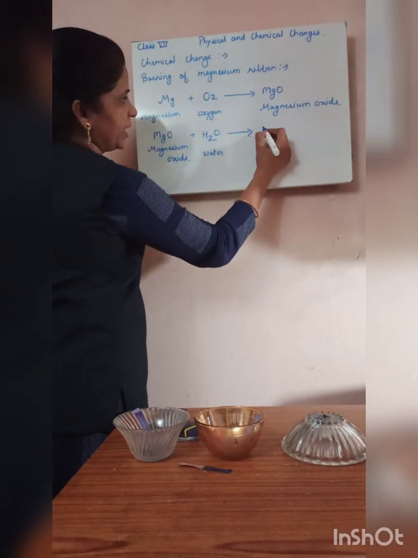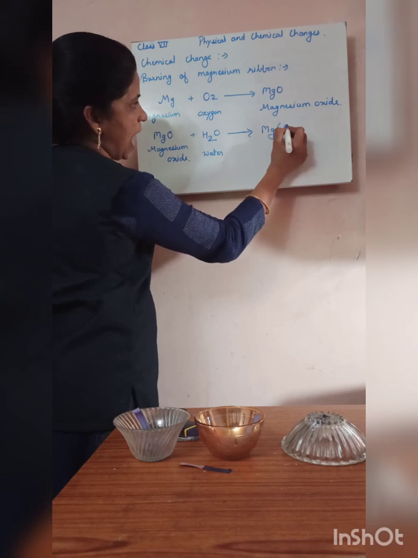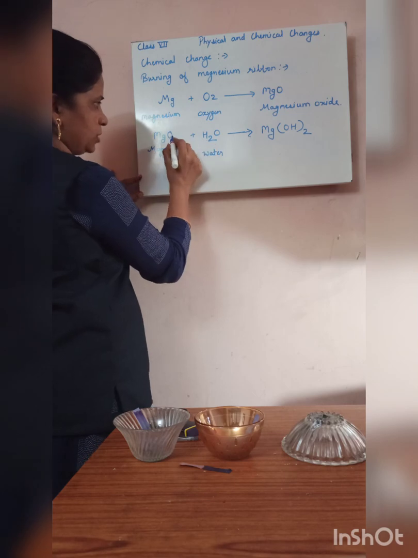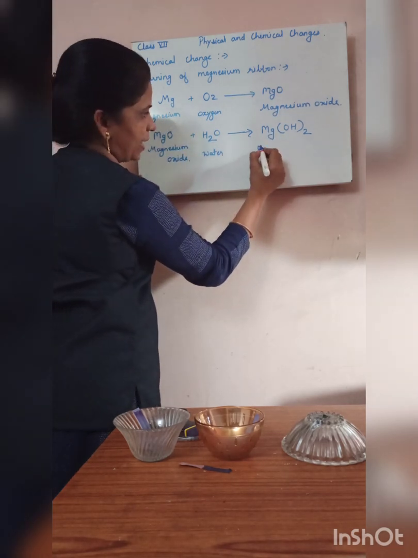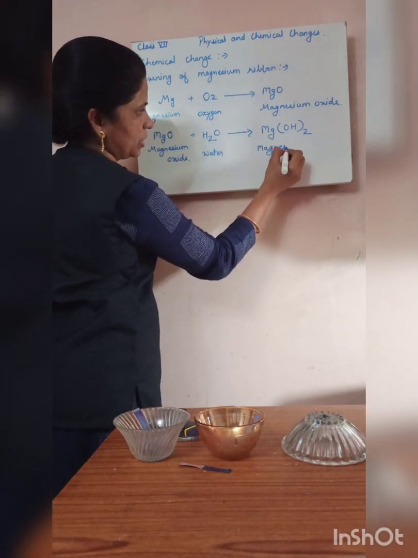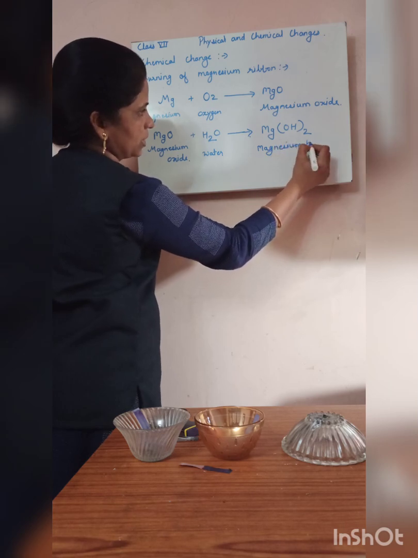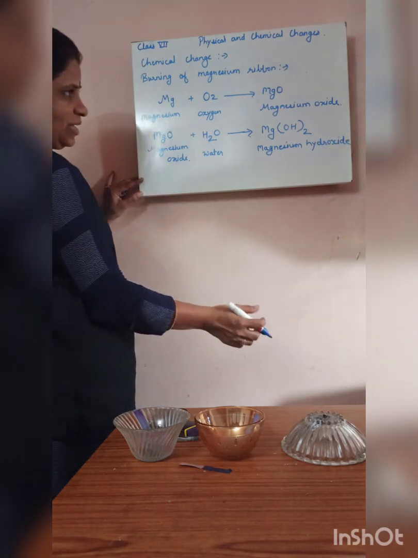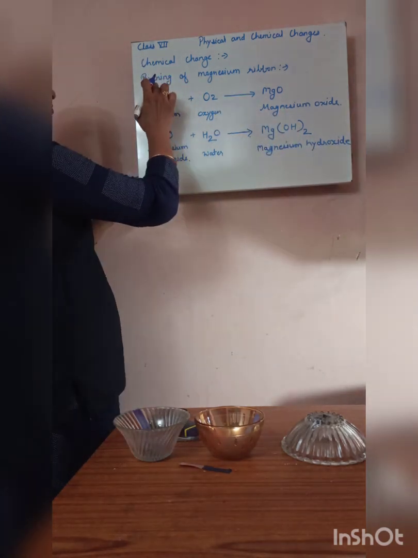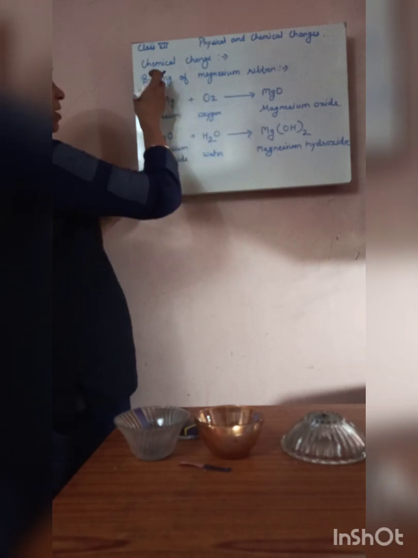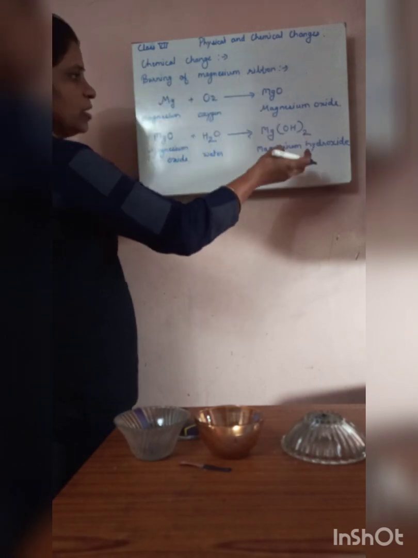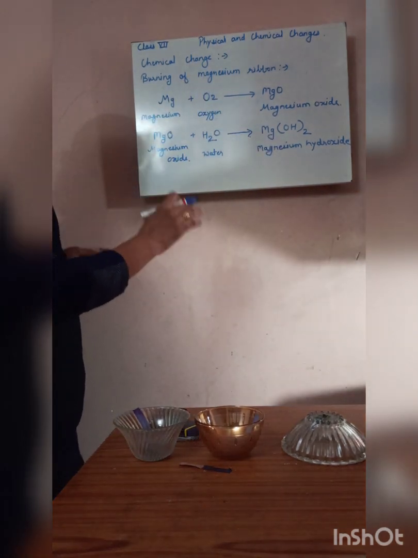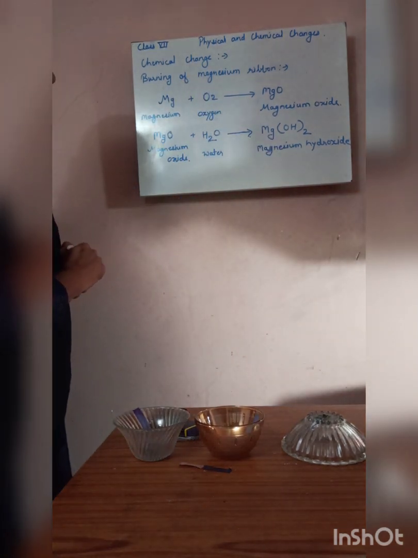Here we get magnesium hydroxide, Mg(OH)2. Here 2 hydrogen, 2 oxygen. Magnesium hydroxide, which is basic in nature. See children, we had one magnesium ribbon, and when it burned in the presence of oxygen, finally we got magnesium hydroxide. This is a chemical change and it is irreversible.